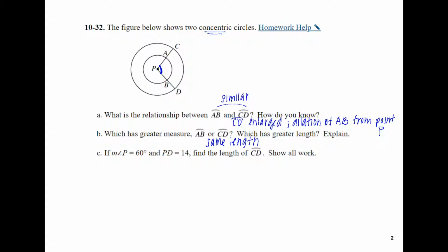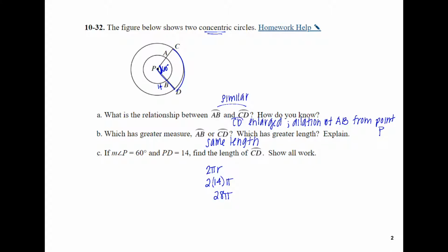If the measure of angle P is 60 degrees and PD is 14 degrees, find the length of arc CD. So we want our circumference of our circle, which is 2 pi r. Our radius is 14, so 2 times 14 pi is 28 pi.